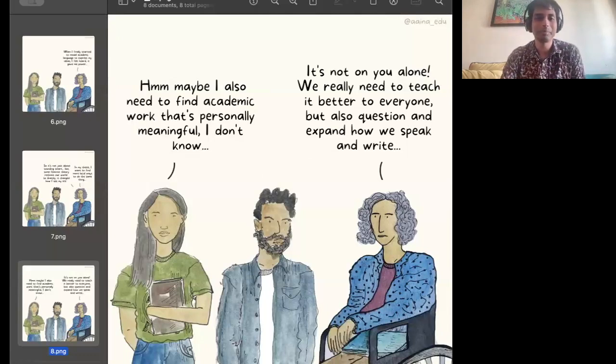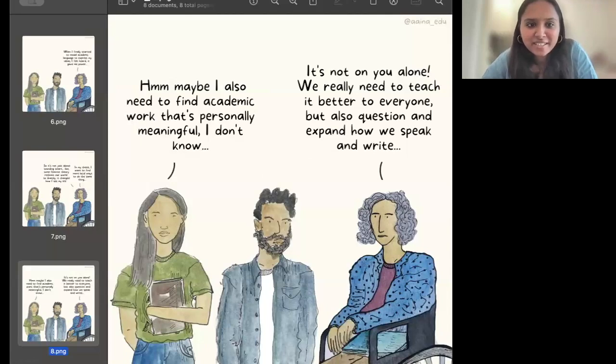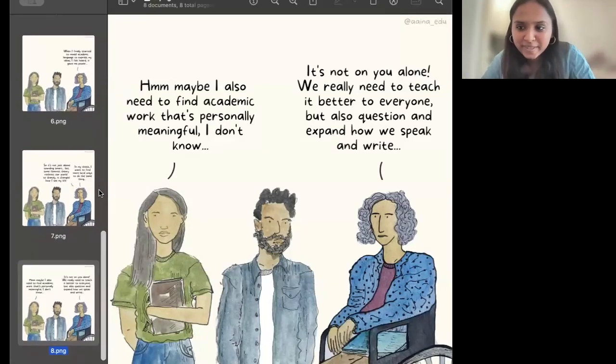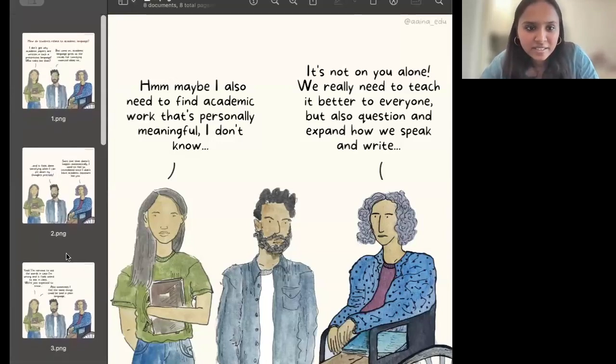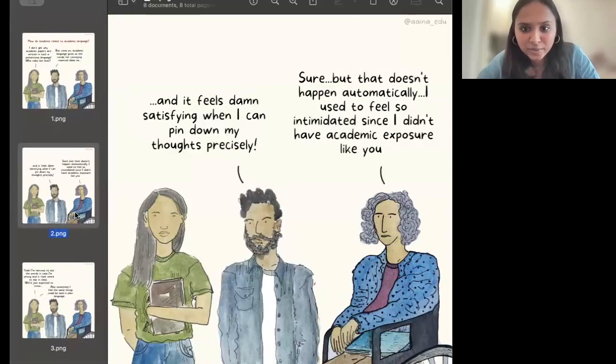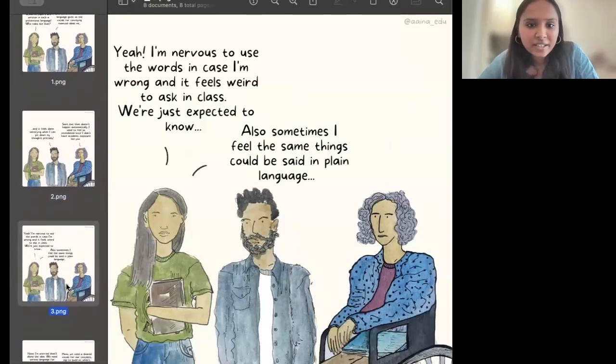What are your reflections? Yeah, there's just one thing that immediately popped up in my head, and it's related to what Nidhi talked about, how some people find it easier, some people pick it up more easily. And this is what Shayan also mentioned in what he said. I think it's somewhere in the second or the third slide where this girl says that we're just expected to know. So the idea that academic literacy, or your command over this kind of language, needs to be matter of fact.